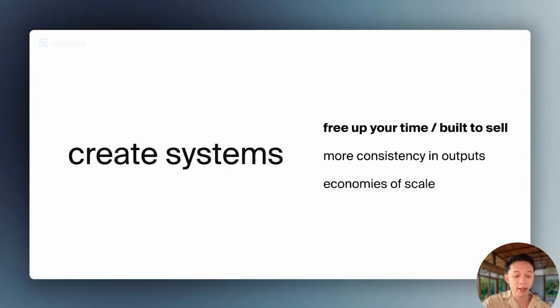What makes a business able to exit is the moment that it's not reliant on the founder or any single one person, but it's reliant on perhaps different roles, and you've created a nice SOP process, frameworks, and how you actually deliver an outcome. So that is the first benefit of creating systems.